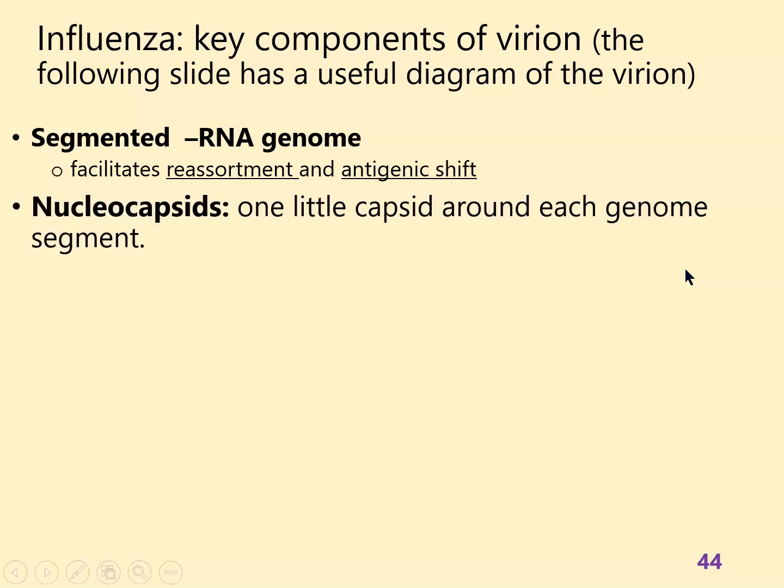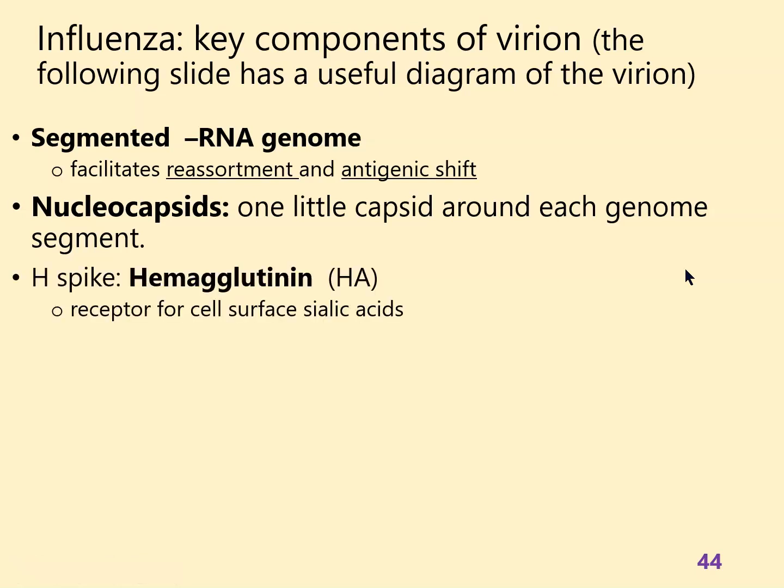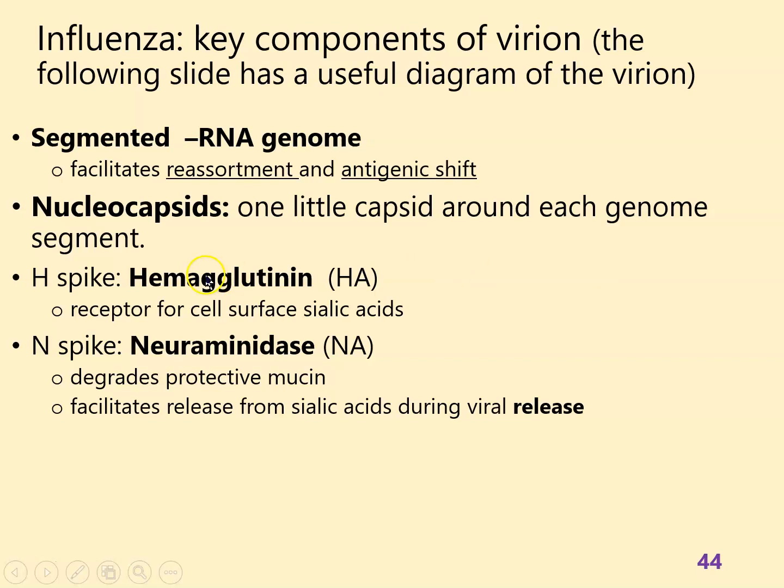Each segment is part of a nucleocapsid, and that is proteins that protect each segment. There are 2 spike proteins, the H and the N. H is hemagglutinin, which is the receptor for sialic acids, and N is neuraminidase, which is an enzyme that degrades mucin, because this influenza is going to infect our ciliated epithelial cells in our upper respiratory tract, and so it has to get through mucus.